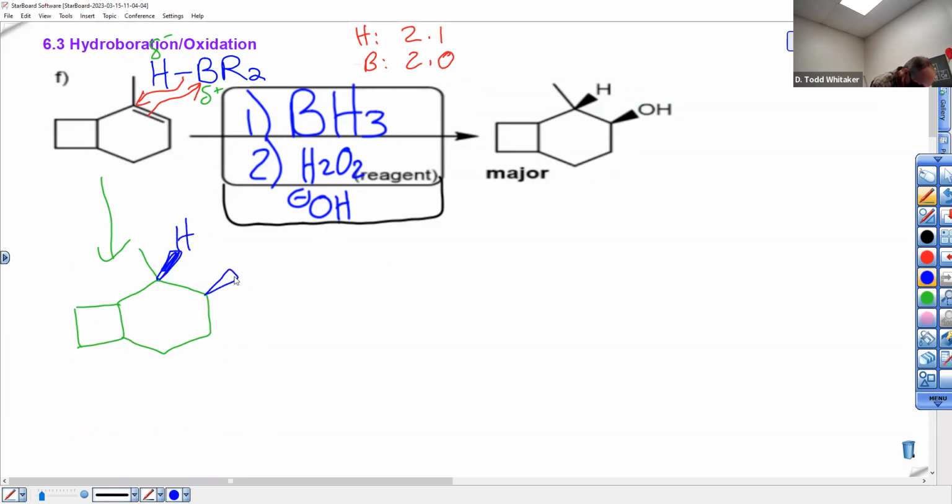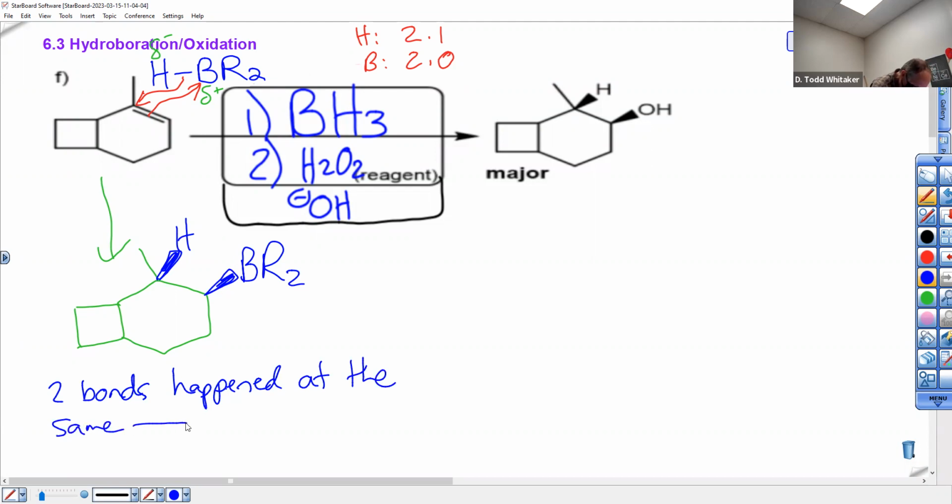So when 2 bonds happen at the same time, that gives syn addition.